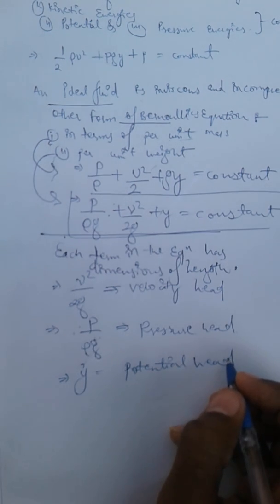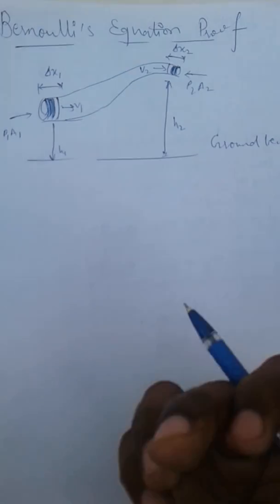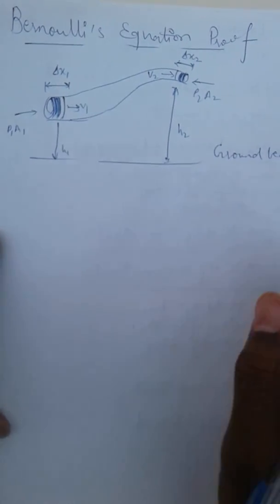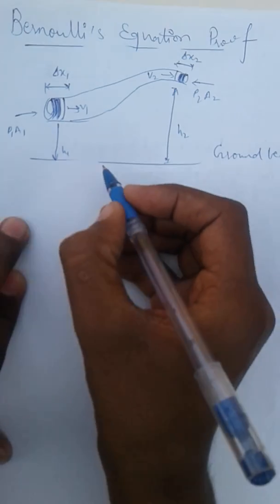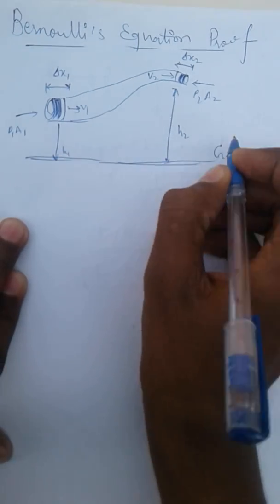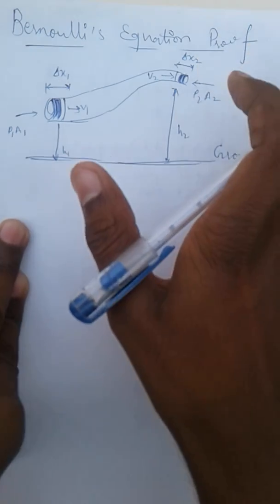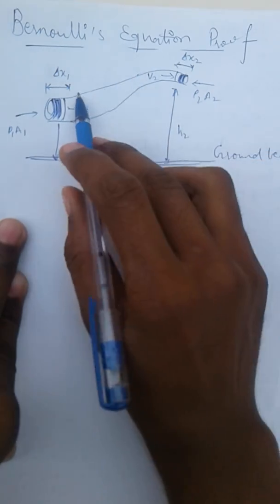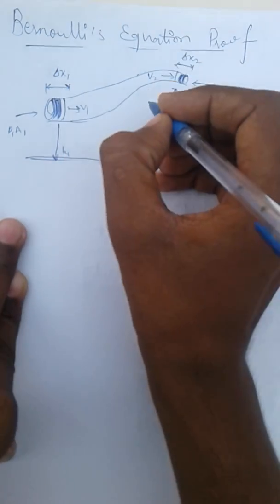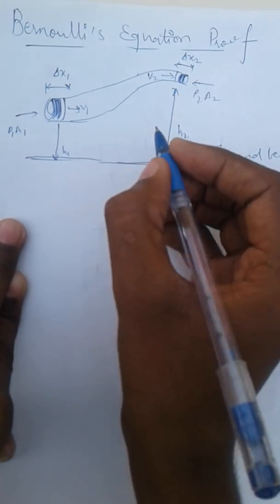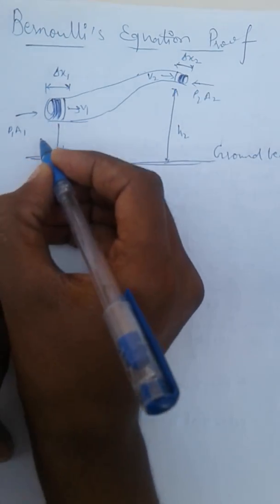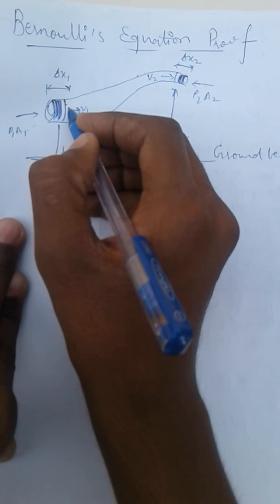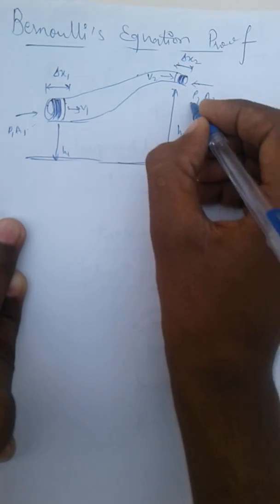Now we are going to discuss its proof. Let's start Bernoulli equation's proof. This is a diagram which shows flow of an ideal fluid through a tube of varying cross section and height. The fluid at the left hand exerts force P1A1 at this end, and at the right hand P2A2.